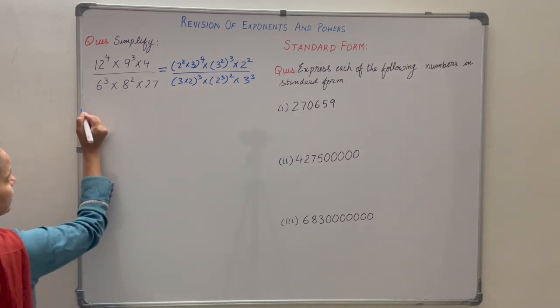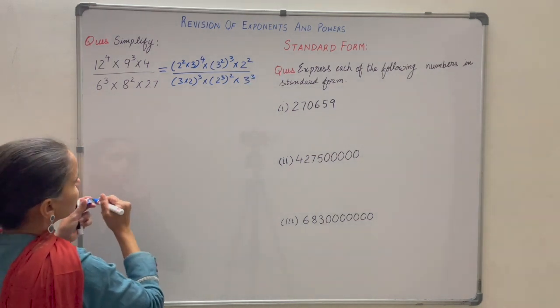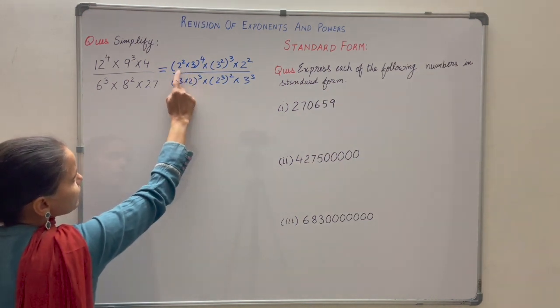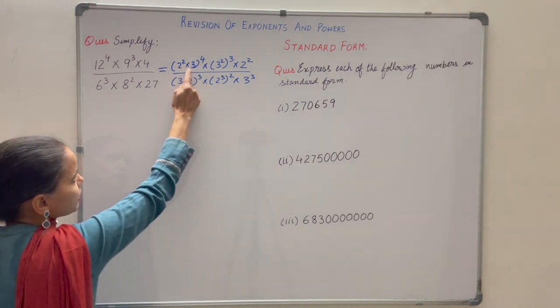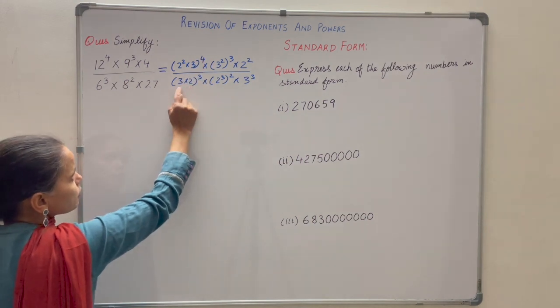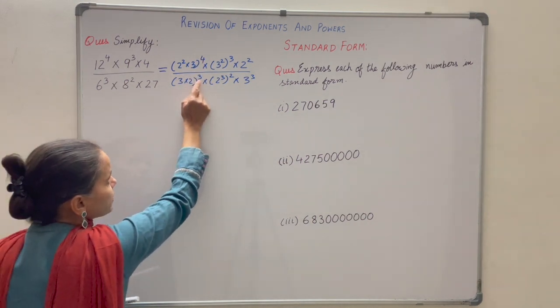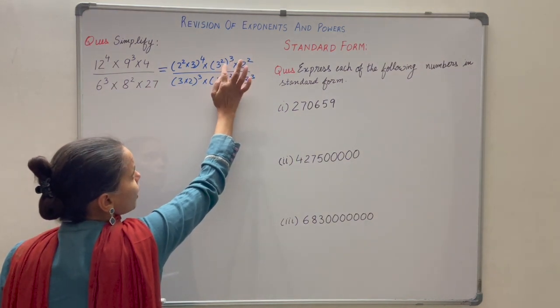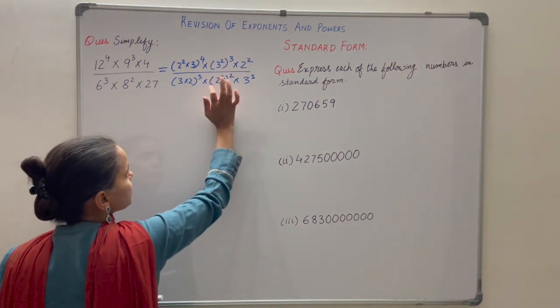Now I am going to use this law where the bases are different and the power is same. So here you can see the bases are different, the power is same. Here also bases are different, power is same. Here it is power of a power. So I am going to use another law to simplify this.